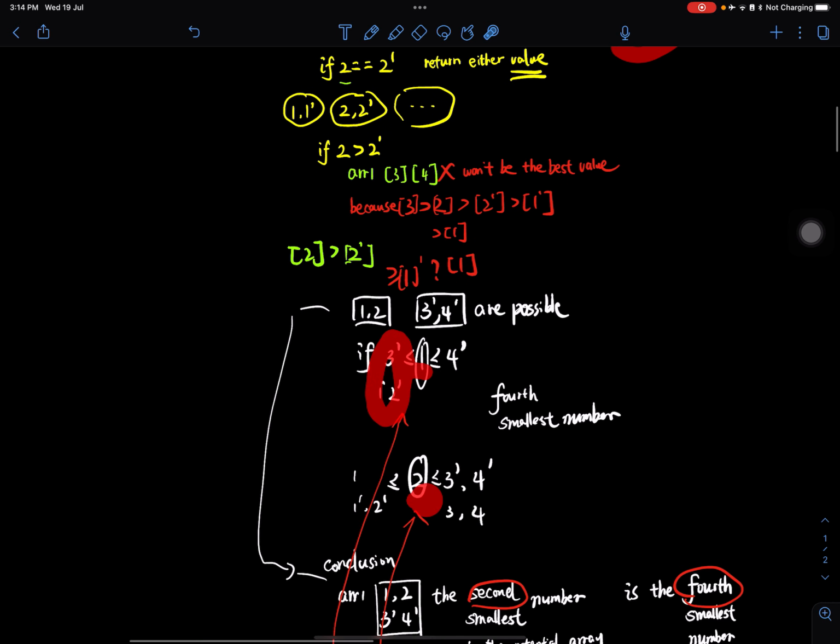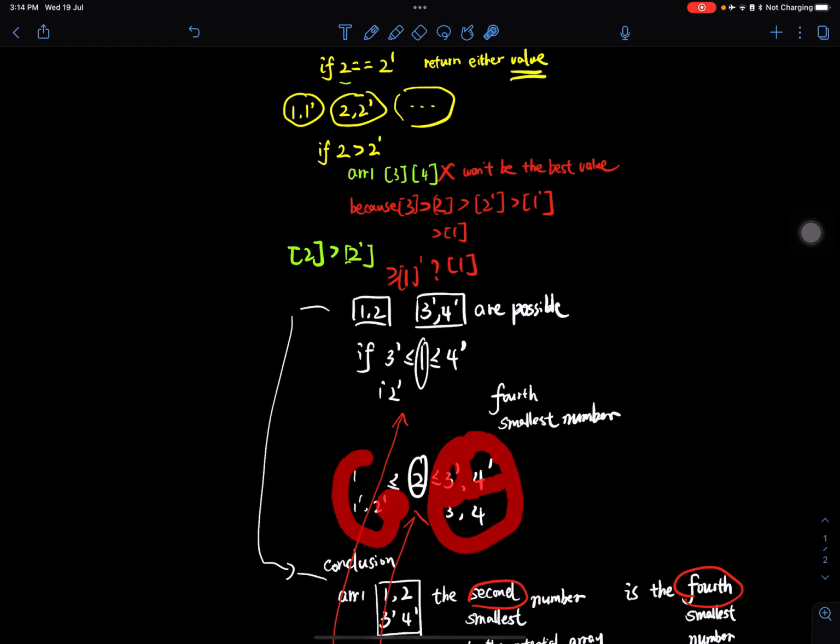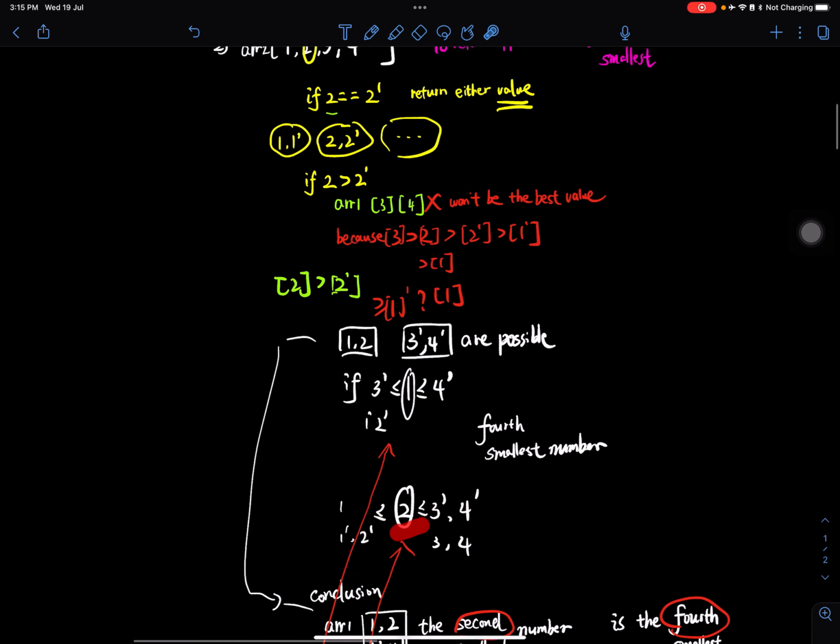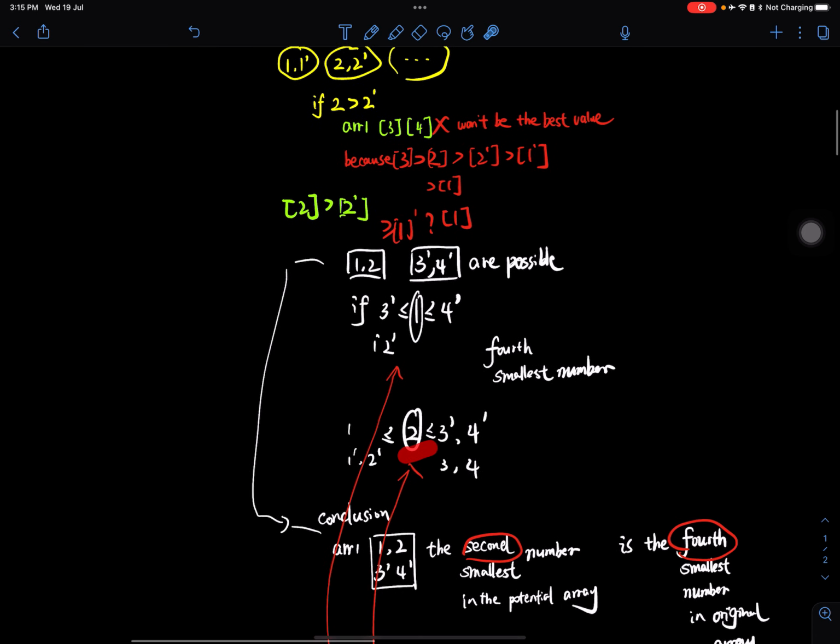Similar logic to 2. If 2 is smaller than 3 prime, meaning it's smaller than 4 prime, then you can see this part and this part, and in front you have 3, after you have 4, then it's the 4 smallest. Apply the same logic.